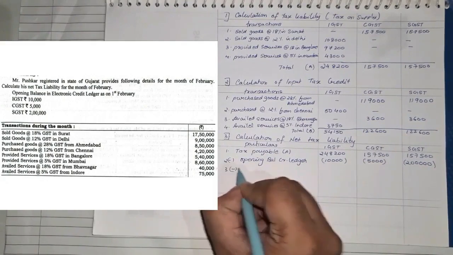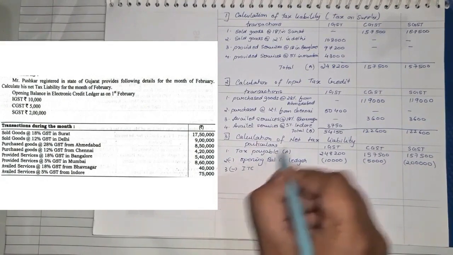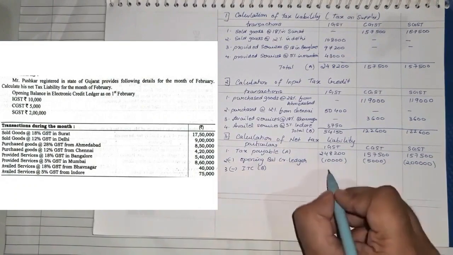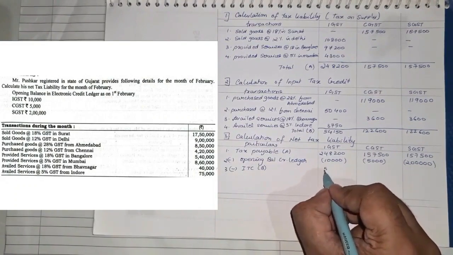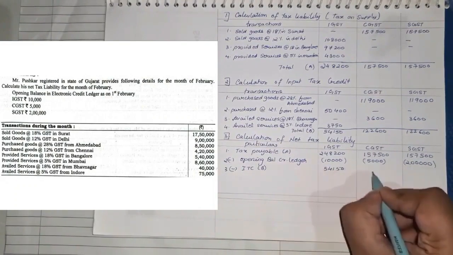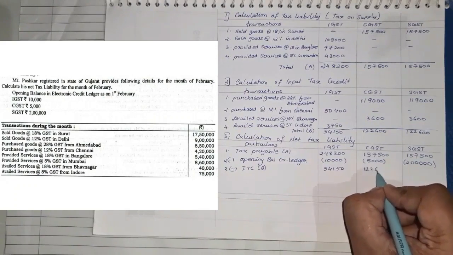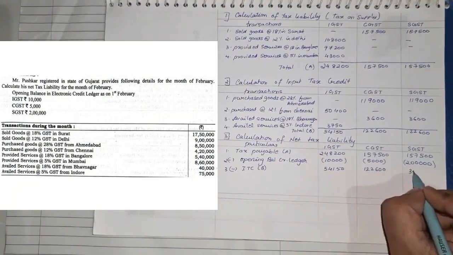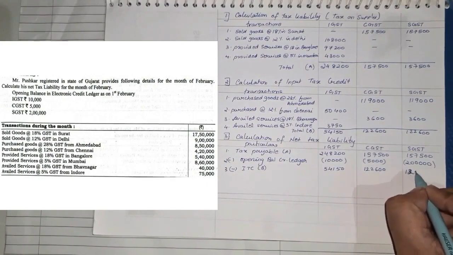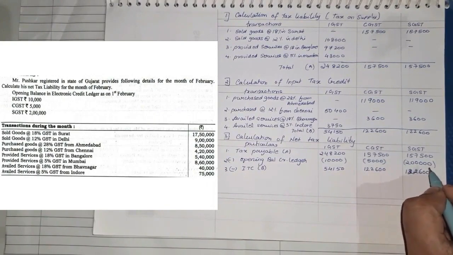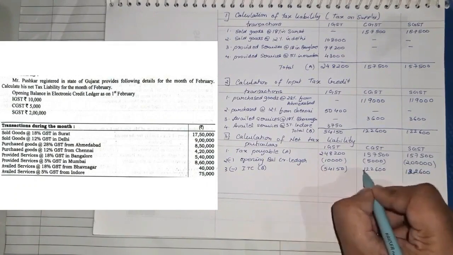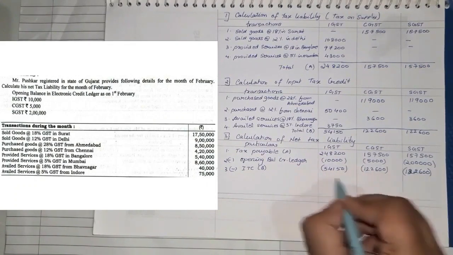Third step, again we have less ITC, that is your answer B that we had got. So that was 54,150, 1,22,600 and 1,22,600. Since it is again less, we'll put all in brackets.